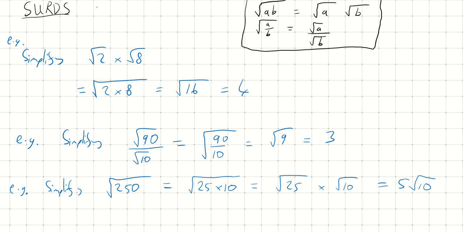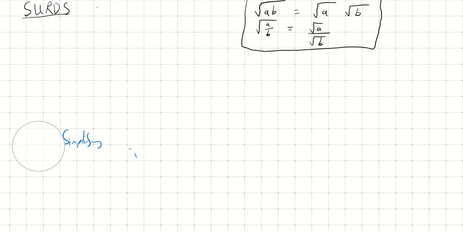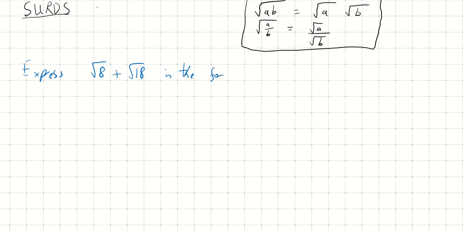Okay, so let's look at a slightly different and more difficult surd question. Here's our question: express root 8 plus root 18 in the form k root 2 for k an integer.